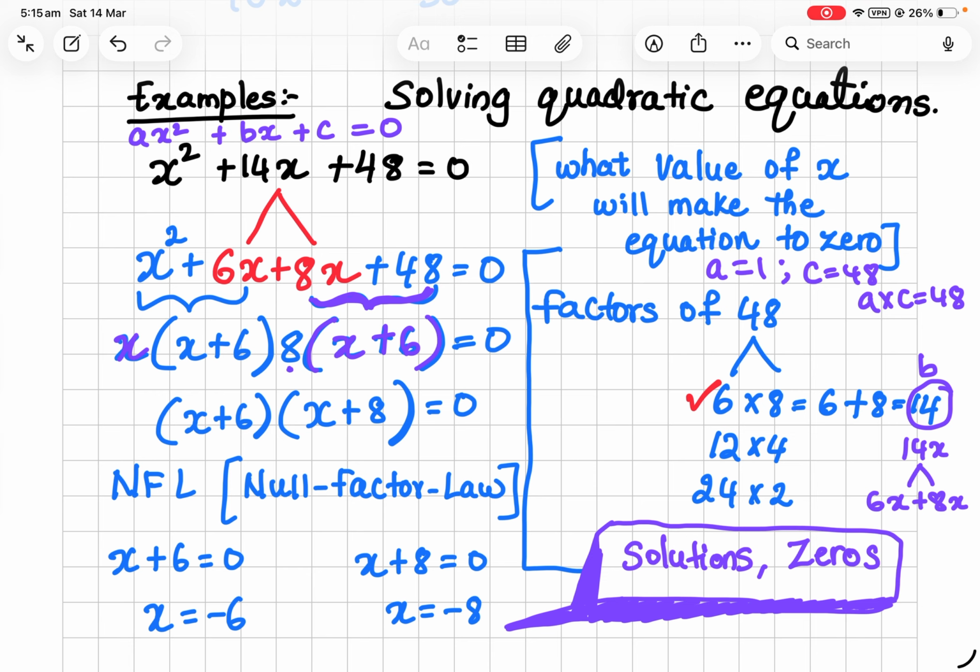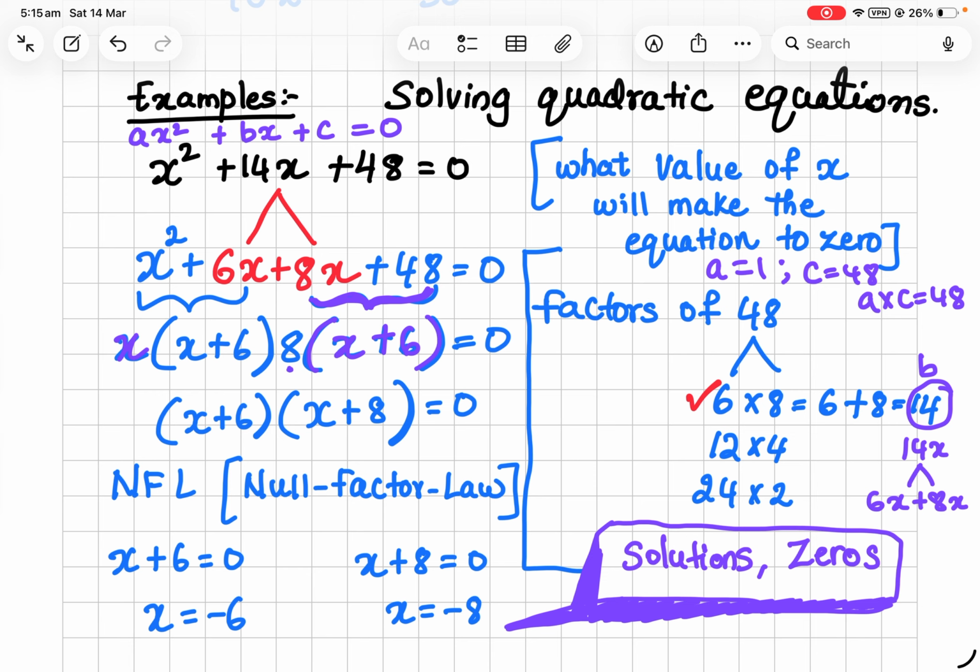So you would do 8 times x as 8x and 8 times 6 as 48. So then finally you would write x plus 6, which is one of the common brackets, and you would put x plus 8 in the other bracket, and that would equal 0.